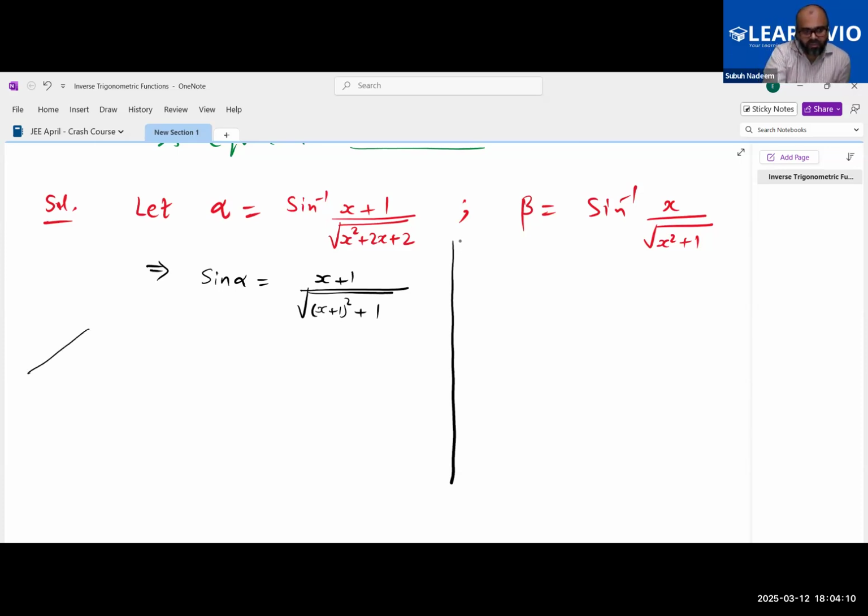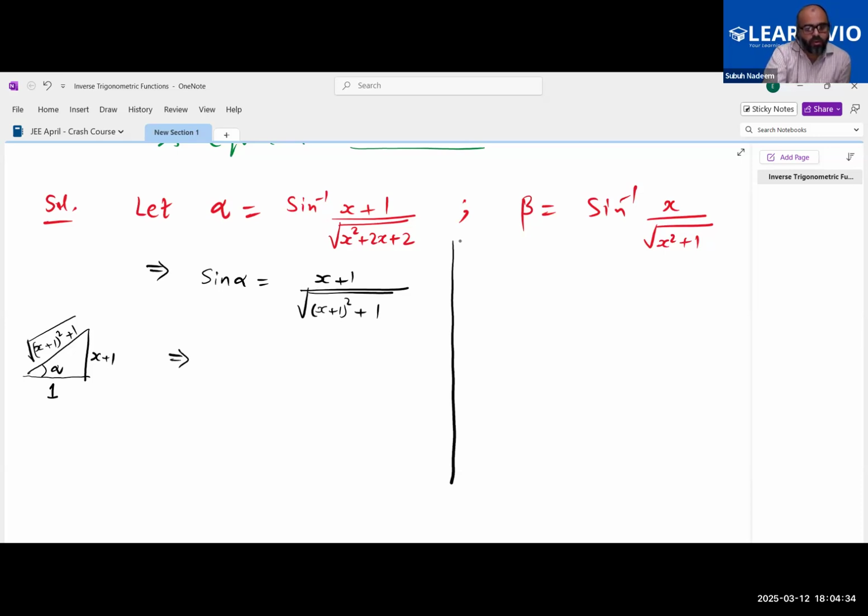Now we have done this in the first question also. Suppose this is the angle alpha, so sine alpha is perpendicular over hypotenuse, and the hypotenuse is root over x plus 1 whole square plus 1. So clearly the base is 1. Then only the hypotenuse is root over base square plus perpendicular square.